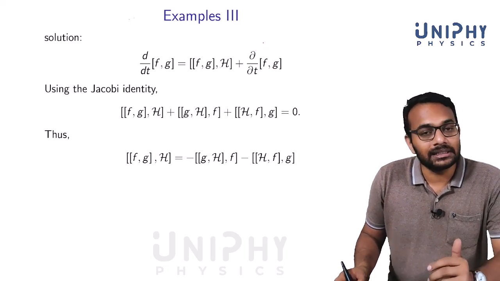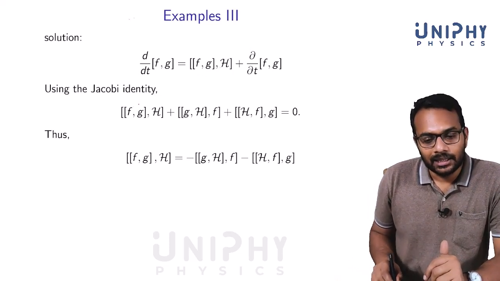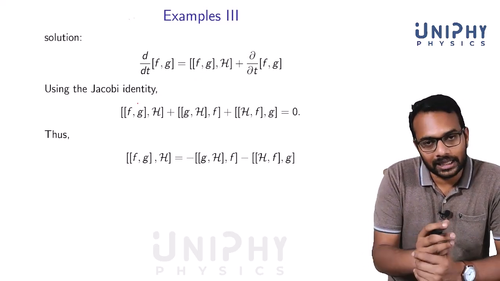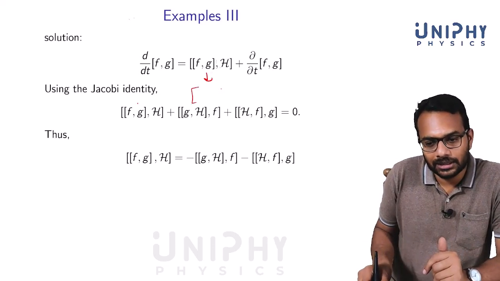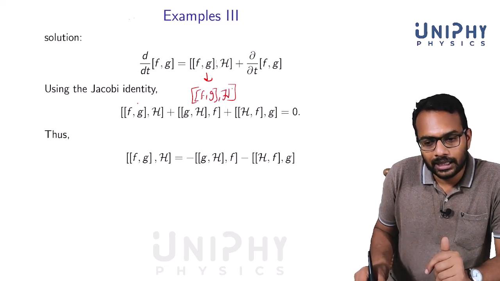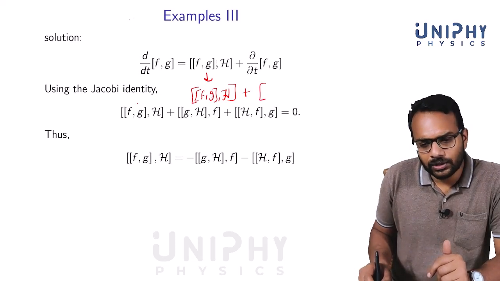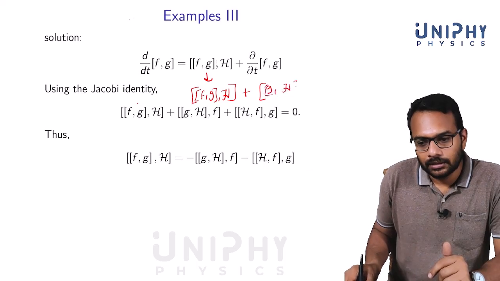Now we make use of the Jacobi identity. What does the Jacobi identity say? It says that if you take the cyclic permutation of all these double Poisson brackets and add them, you should get 0. How do we take the cyclic permutation of this? The first term is of course f comma g comma h. What's the second term? We start from here: it's g comma h comma f.